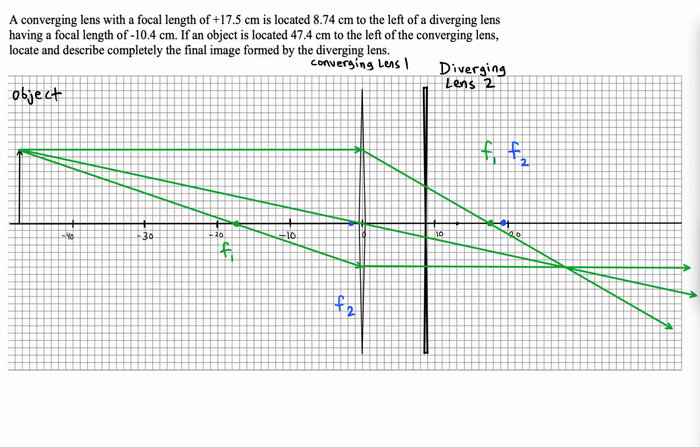Okay, we can clearly see where the image for that first lens is going to be formed. Right there. But once again, this is going to be a virtual image, because rays will never get the chance to go to that location.